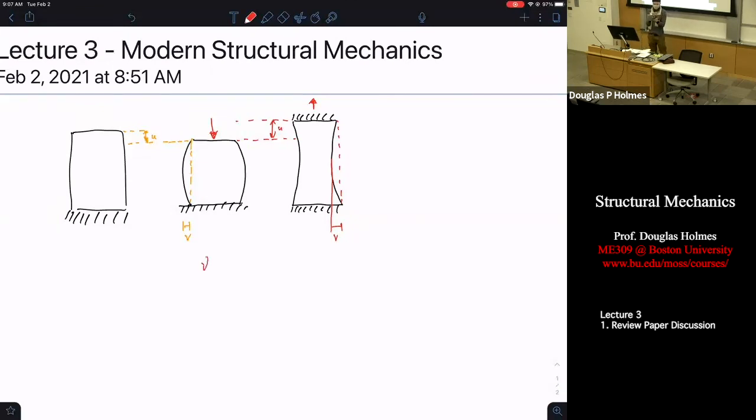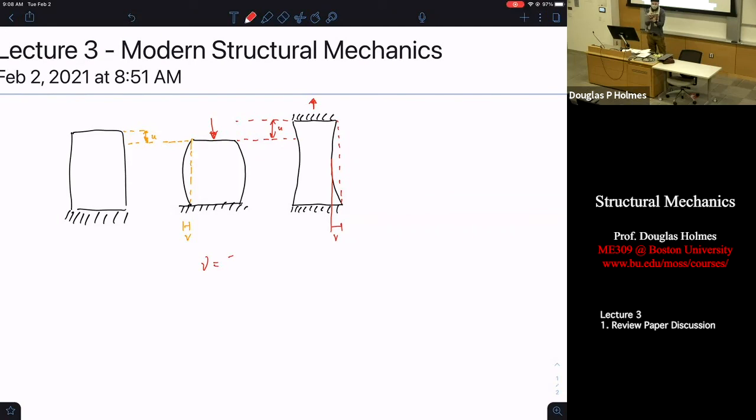Your Poisson ratio is going to be the negative of the, I always get this backwards, the axial over lateral, negative y over x.